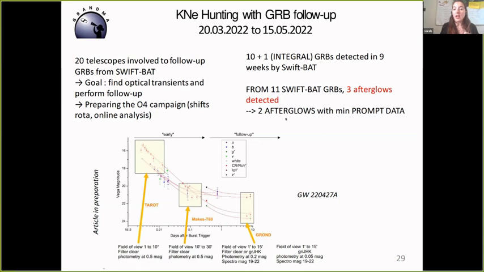For 2 afterglows, we had detection within minutes after the alert, such as 220427A. This is remarkable compared to others, and we try to complement our early detection with deeper facilities to be able, for O4, to have the whole light curve at a certain point of a kilonova.